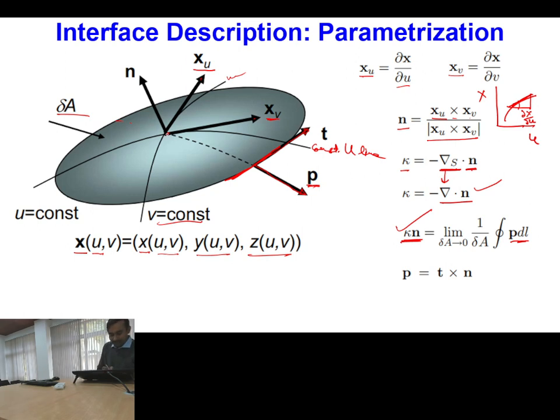If you know the n vector, normal vector to the interface, and on the particular edge along which you are taking this P vector, you simply define the tangent along that, then the product of the normal vector, because normal at this edge will be pointing in this direction, and this tangent will be giving you nothing but the P vector. Okay. So this is another method for defining the interface, then its normal, tangent and curvature in three-dimensional space.